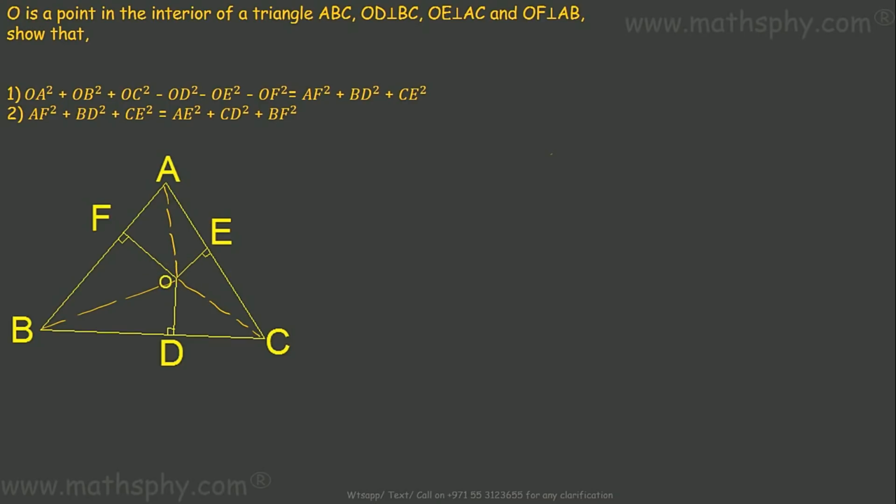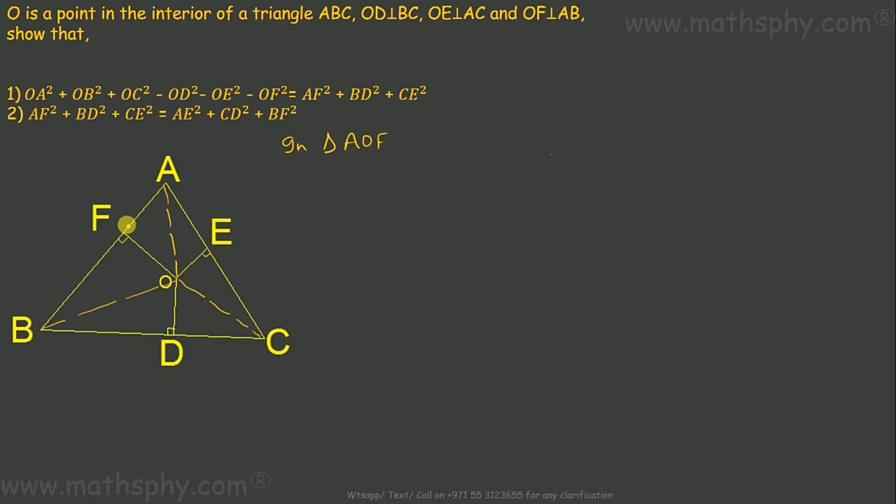Okay. Now OF is perpendicular to AB. It means AOF can be taken as a right angled triangle, right angle at F. FOB, DOB, COD, COE, AOE, all these 6 triangles can be taken as right angled triangles. So I'll take first AOF.